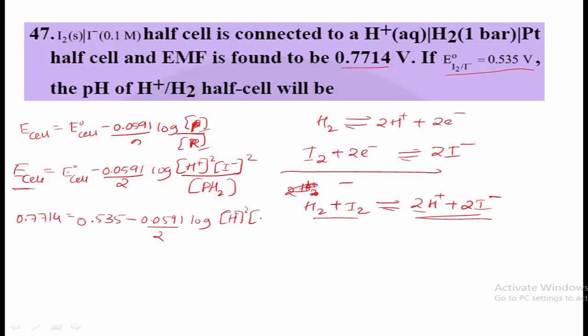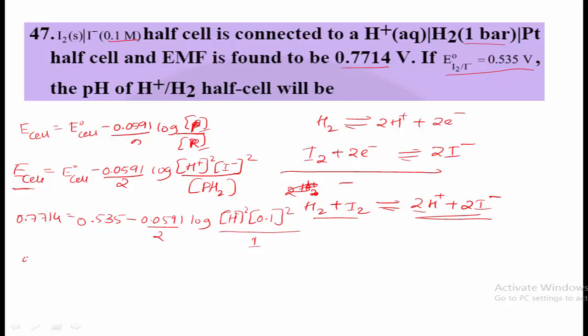I minus, the iodide ion concentration, is 0.1 M, so 0.1 square, divided by the pressure of hydrogen. That is 1 bar, which is also given, so it is 1.